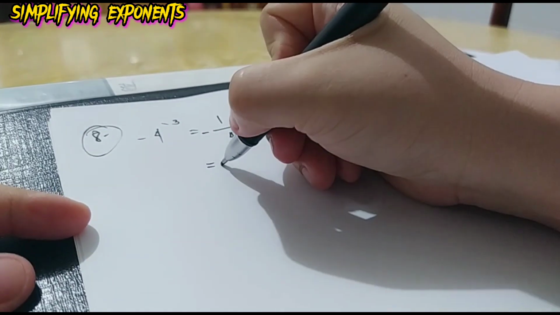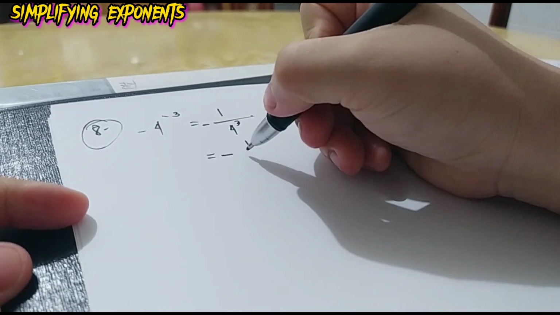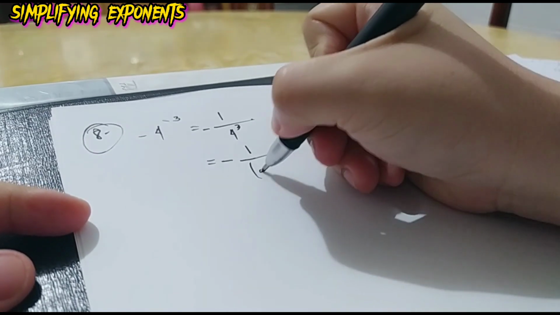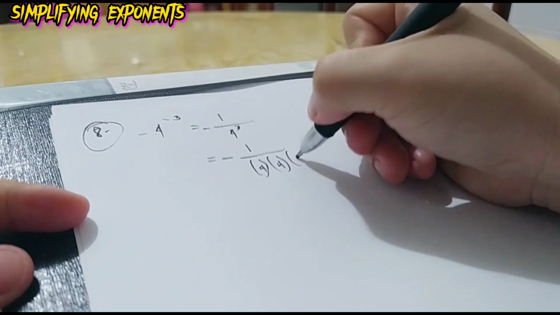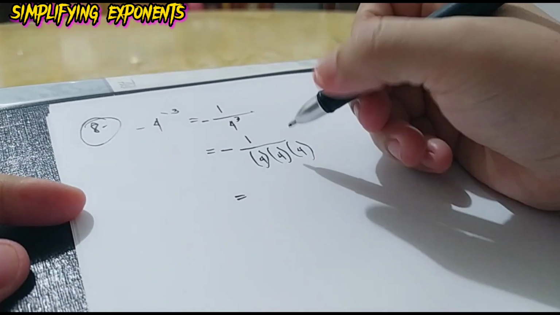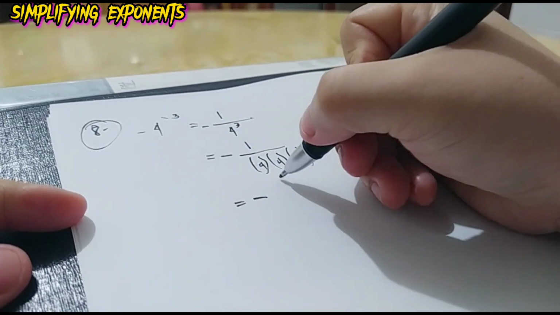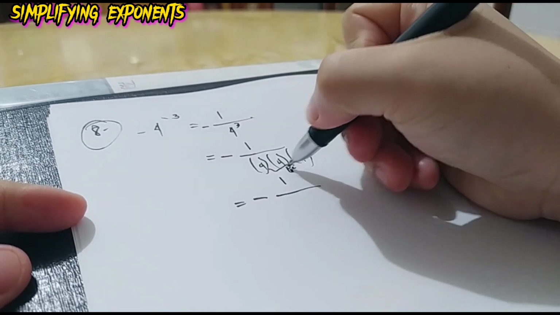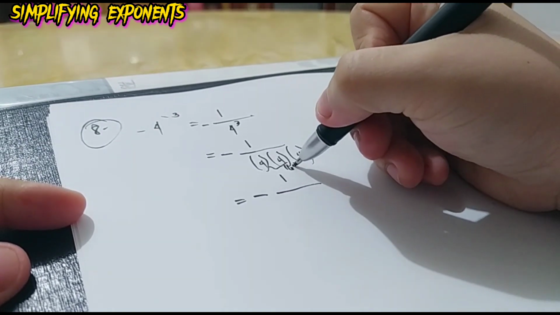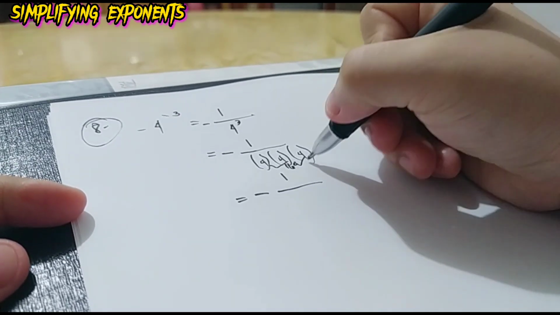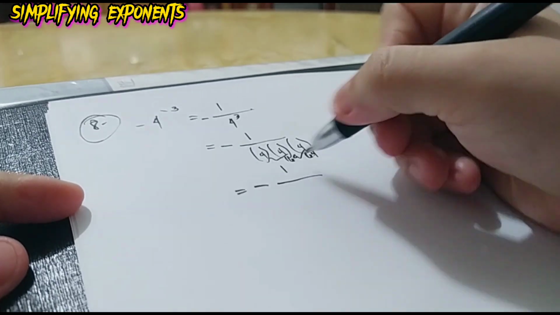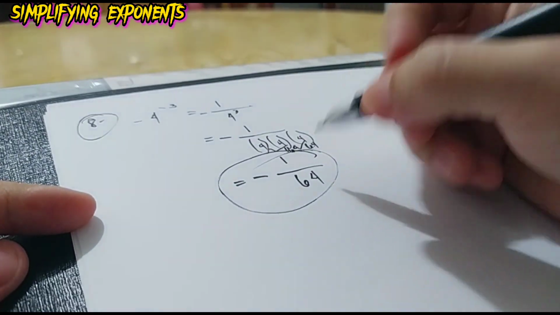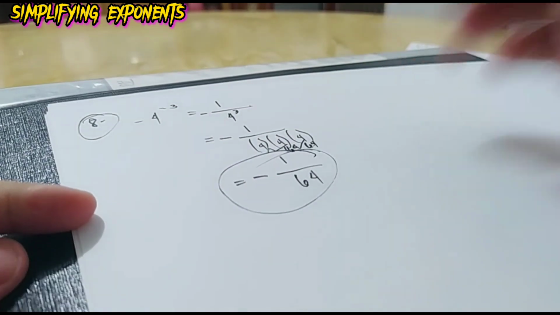Then copy again that negative sign and 1 over, multiply 4 thrice. So 4 times 4 times 4. And then copy again that negative sign, 1 over 4 times 4 is 16, and then 16 times 4 is 64. So, over 64. That's it. Negative 1 over 64.